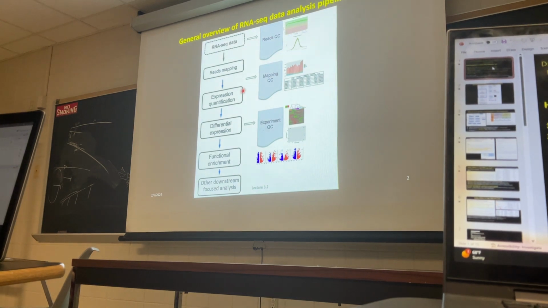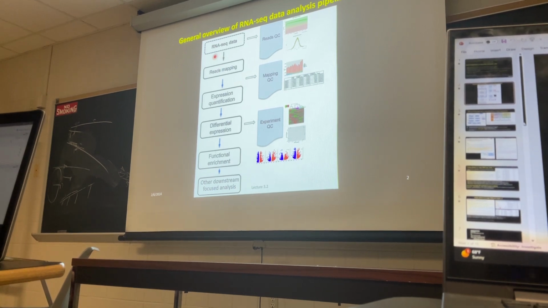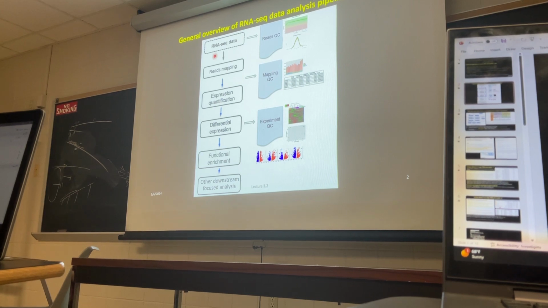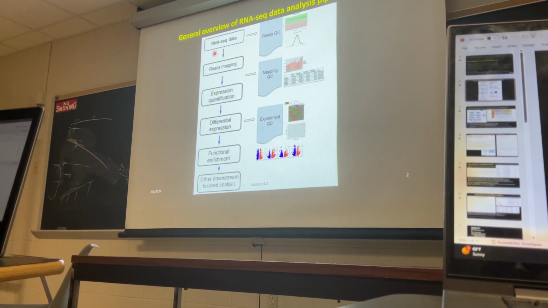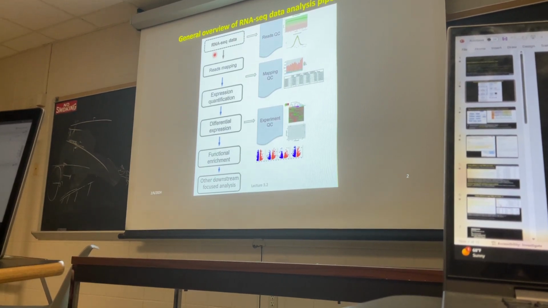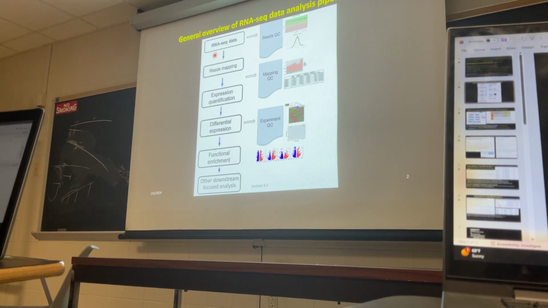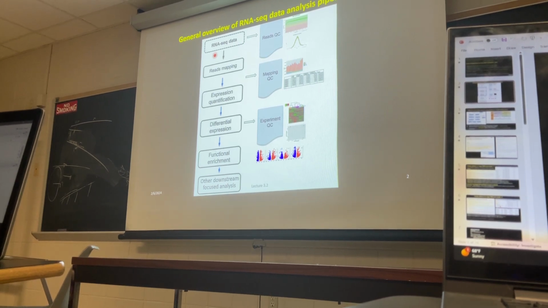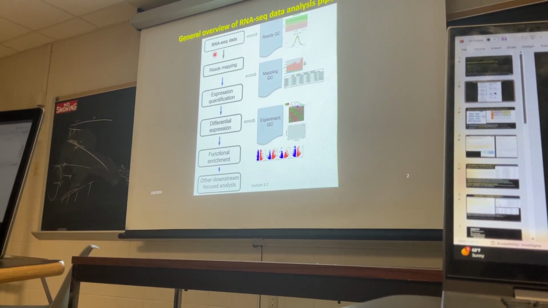Just to go over the overview again: when you get the sequencing results, you get millions of reads as short sequences from the sequencer. You need to do the quality check, and after that you align those short reads against your reference, either the genome, the transcriptome, or any different gene models that you are interested in quantifying the expression of.